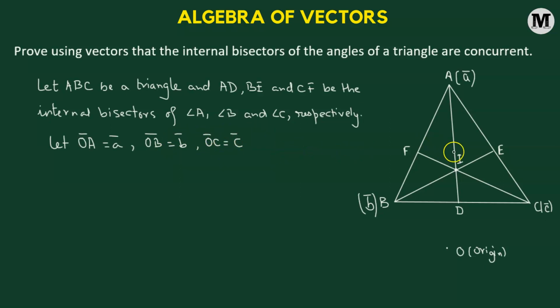Now we'll first try to find the ratio in which I divides the internal bisector of angle A, that is AD.